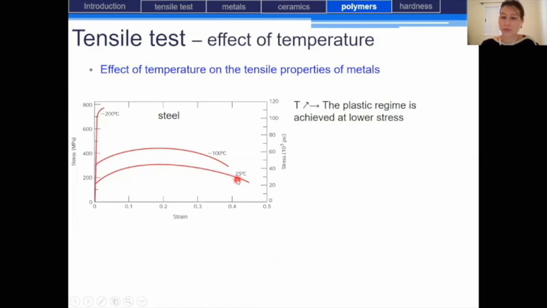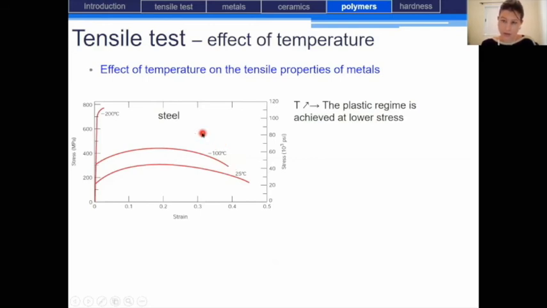At room temperature, we have a ductile material, with the elastic domain right here, and then plastic deformation. When we decrease the temperature to minus 100 degrees C, the elastic domain extends and the yield stress increases, while the deformation at break decreases.